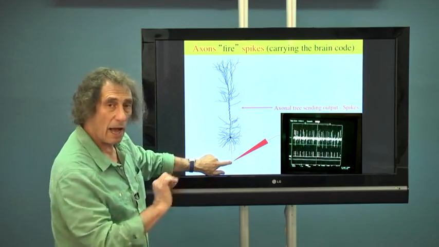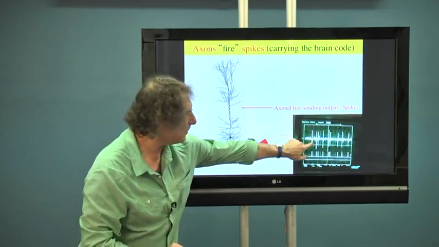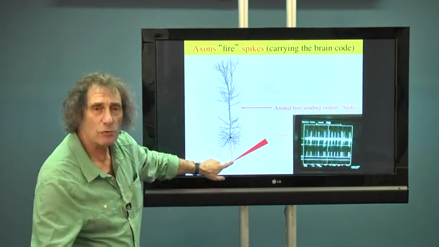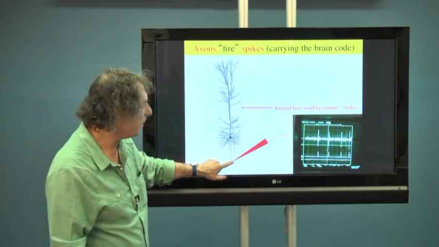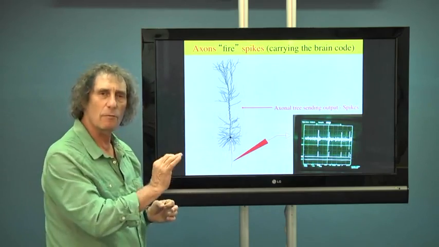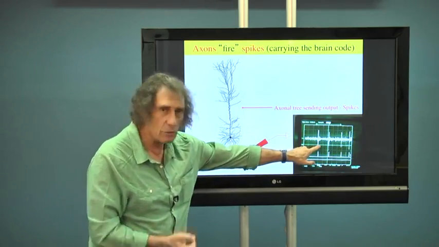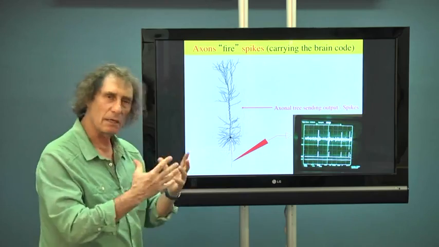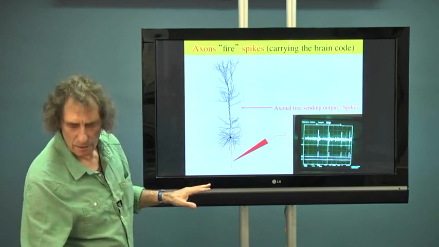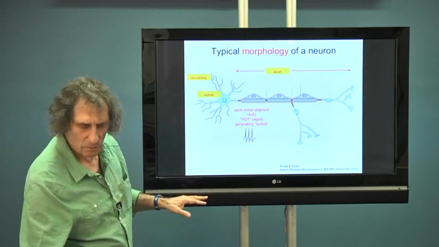So the axon is the output device, and this device is making this ta-ta-ta-ta-ta. This is the elementary barcode, the elementary spike, the elementary bit of information. 0 or 1, each spike may exist or not. That's the very fundamental, basic building block of the brain.